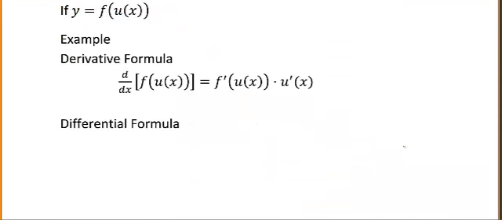Okay, one more, and this is one that's commonly used, with the chain rule. We often express formulas in terms of the chain rule. If we have the derivative with respect to x of f of u of x, that's f prime, the derivative of the outside function, evaluated at u of x times the derivative of the inside function.